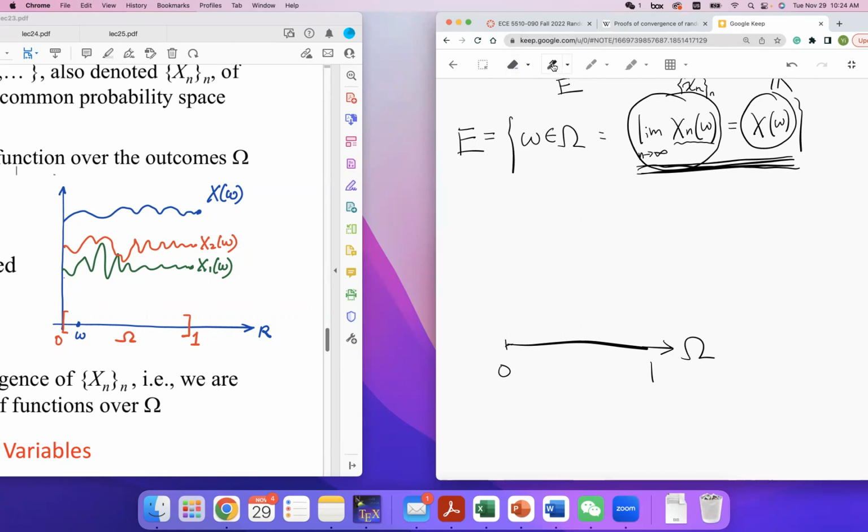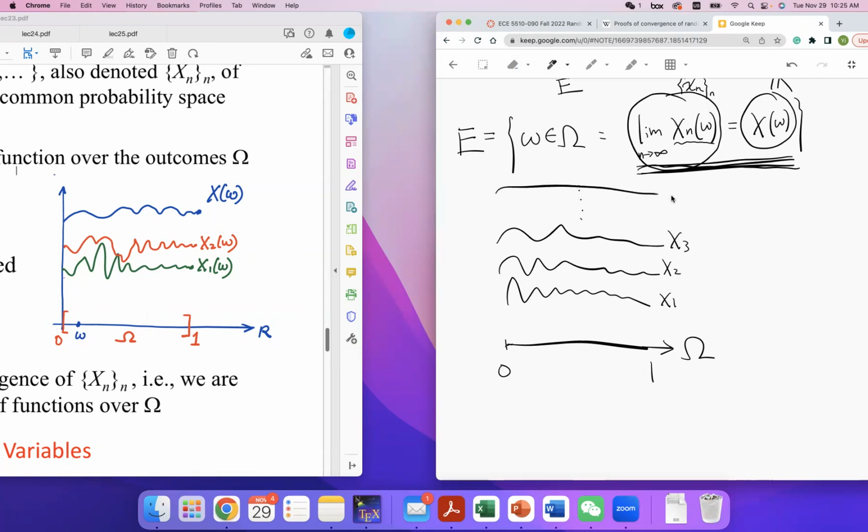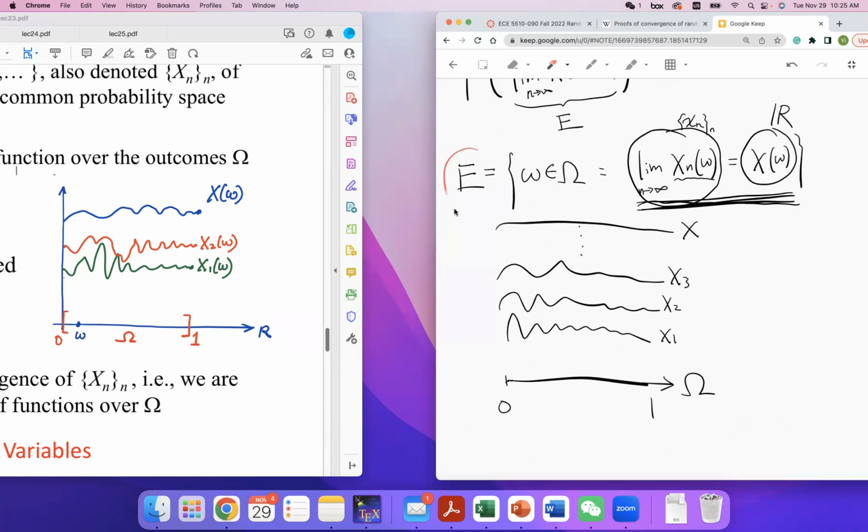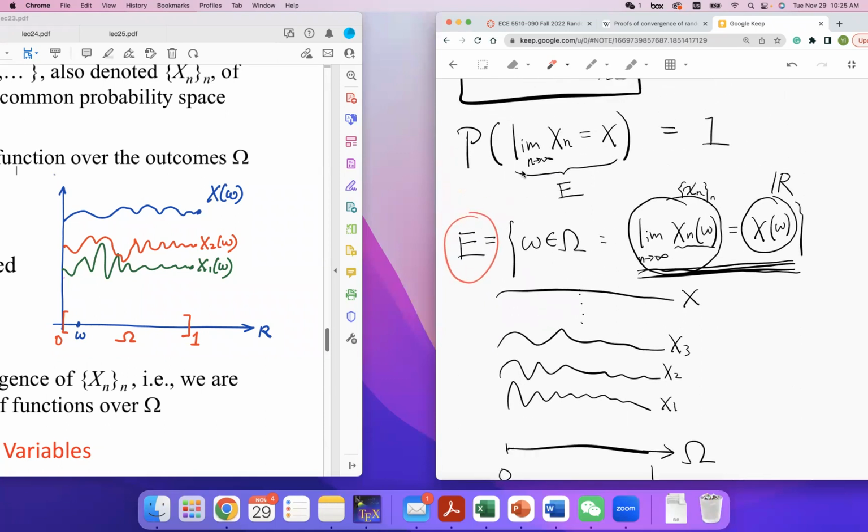And all this sequence of random variables are functions defined on this omega space. This is x1, x2, and x3, in the end maybe an xn, and x, the target random variable. So how do we construct this set E?